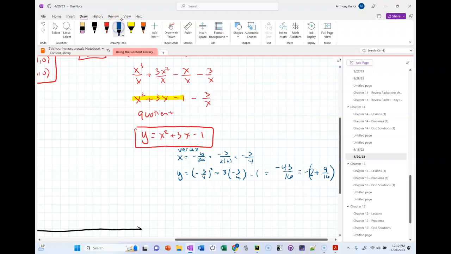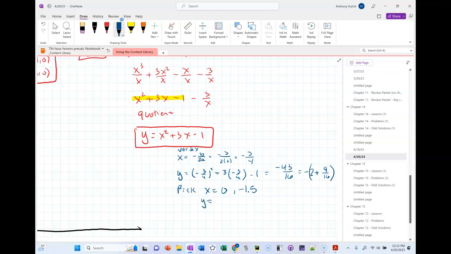Then I need a point on either side of the vertex. So let's pick, say, x equals 0. That's an easy one to do. And then I'm going to pick a point symmetric to that. So if I have 3/4, then I would need like negative 1.5, right? The reason I want to do that is because y at 0 is just negative 1.